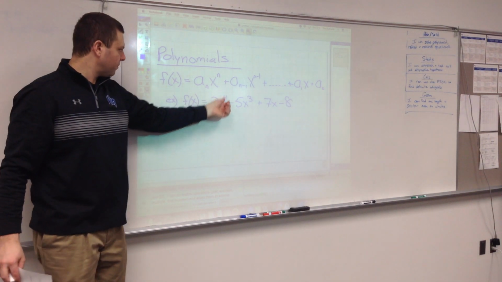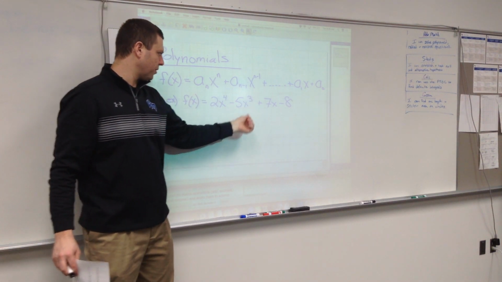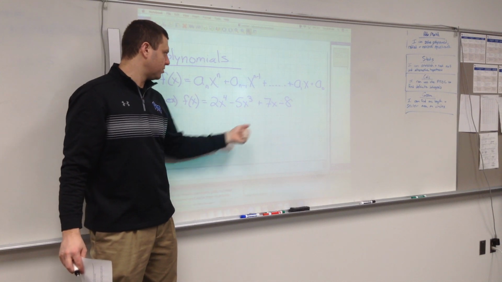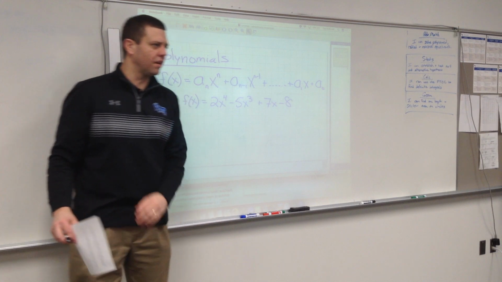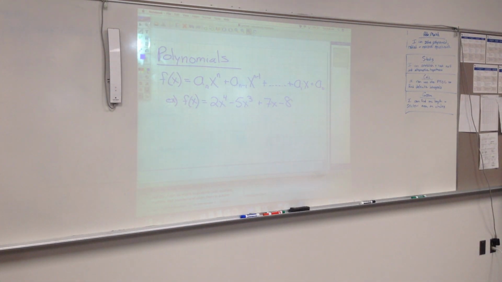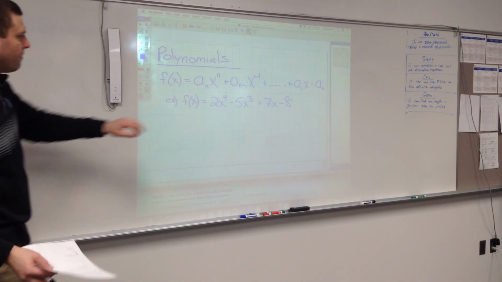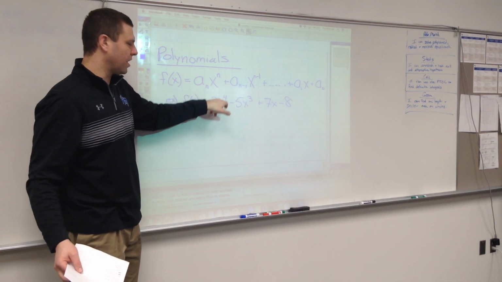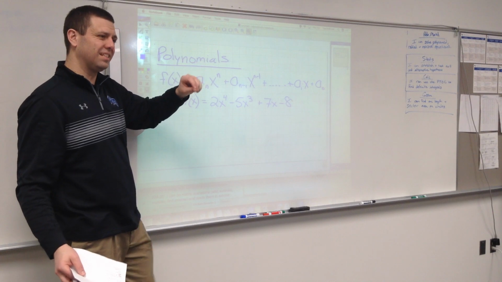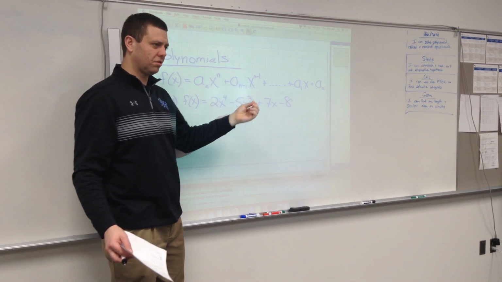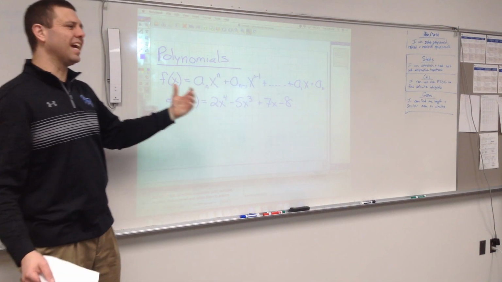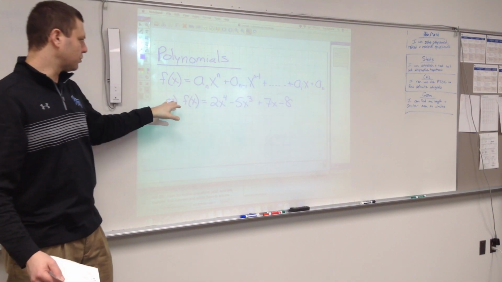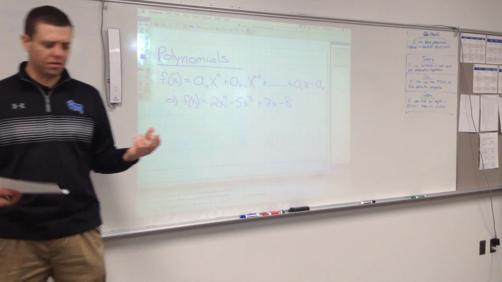I have 2x to the 4th, I have negative 5x to the 3rd, I have 0x squared, so I usually don't write that, and then I have a positive 7x, and then I have a negative 8 back there at the end. That's an example of a polynomial. Those are polynomials because they have powers on the x's that are both positive and integers. So you don't see any fractional powers, you don't see any negative powers. That's kind of what makes something a polynomial.